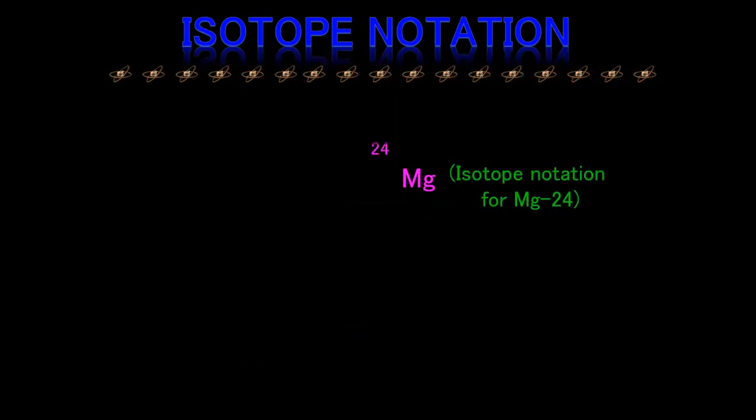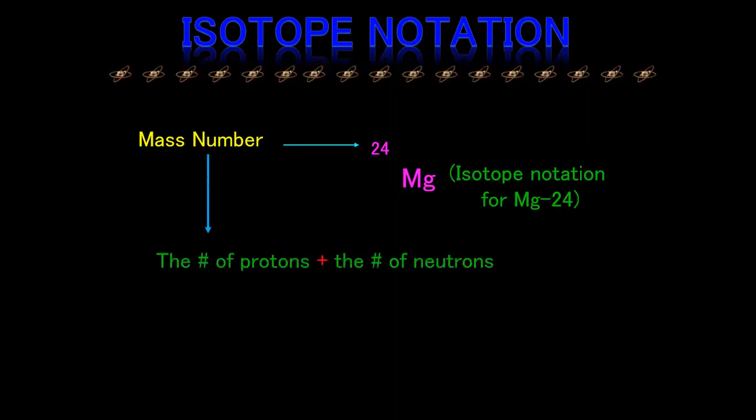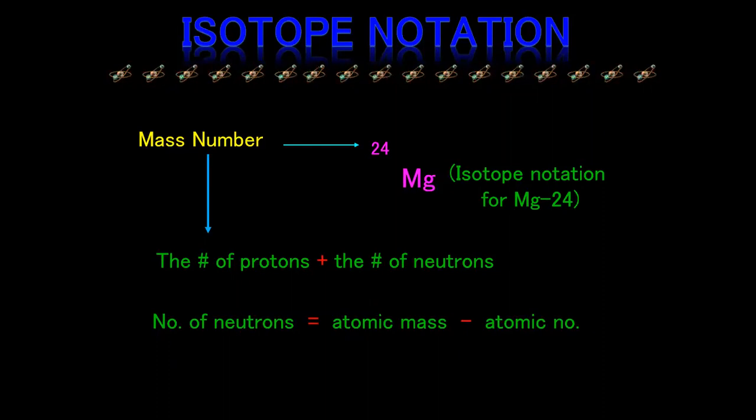The mass number will be written at the upper left-hand corner, which is equivalent to the sum of the number of protons and the number of neutrons, where the number of neutrons is equal to the difference between the atomic mass and the atomic number.